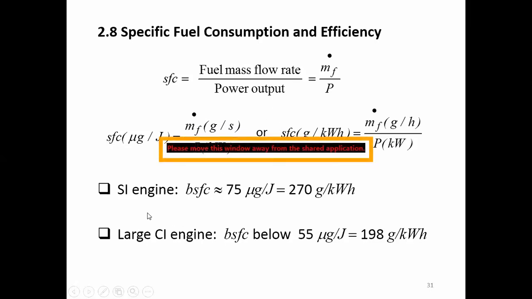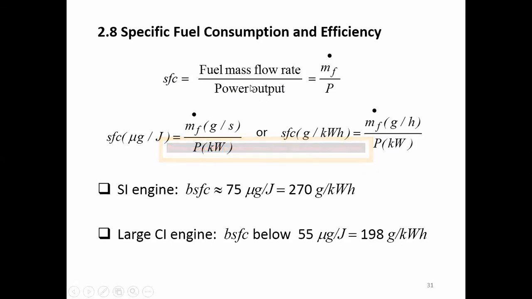Or not always, because sometimes if we say power output, this SFC becomes BSFC, the brake specific fuel consumption, if it is divided by the brake power, which is the power output.